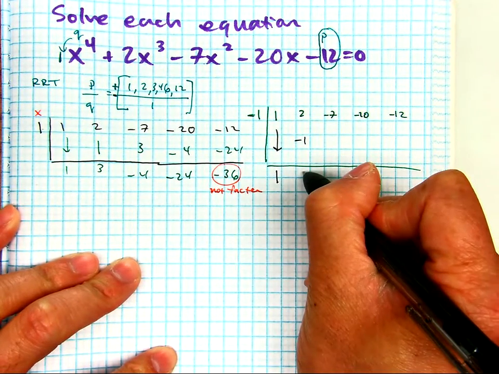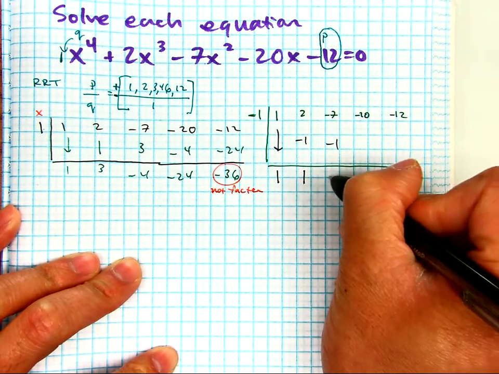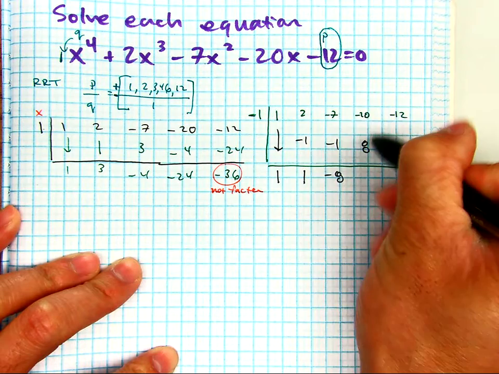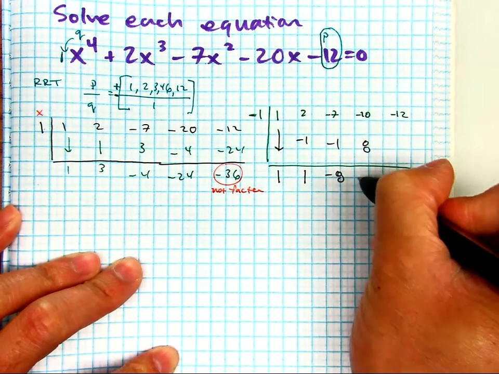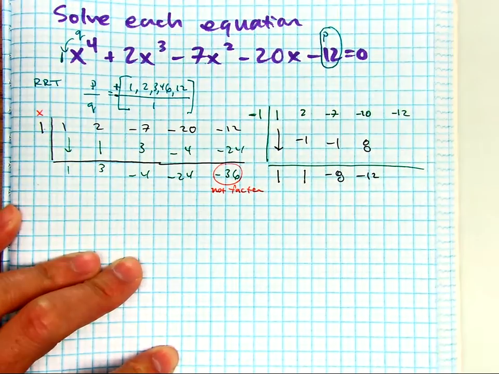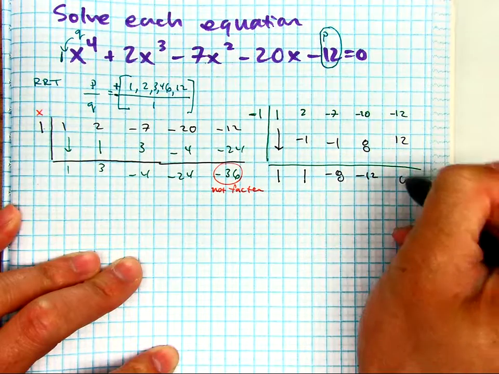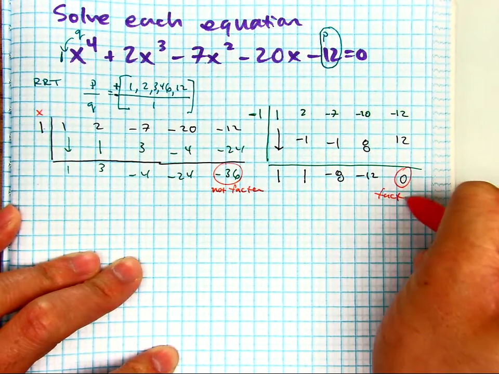Add. Multiply. Add. Multiply. That's a 20, right? Add. Multiply. Add. 0. It's a good thing because if it has a remainder of 0, that means that this is a factor.